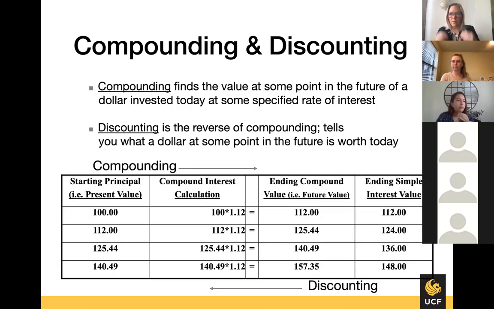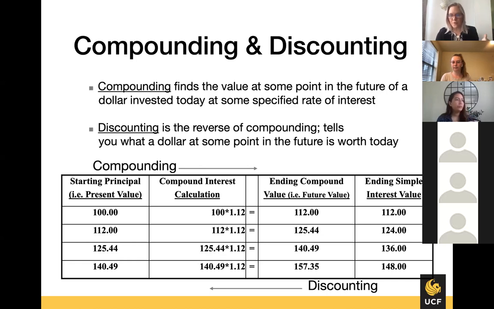And we can do these calculations to find these amounts out through the processes of compounding and discounting. Compounding, as I just mentioned, is the process of finding the value at some point in the future of a dollar that we've invested today at some specified interest rate. Discounting, on the other hand, is the exact opposite.